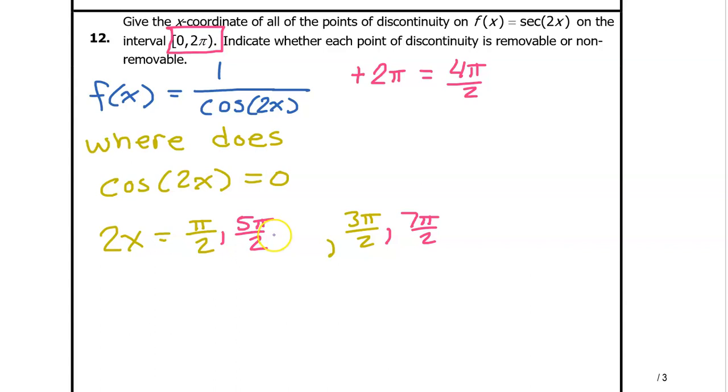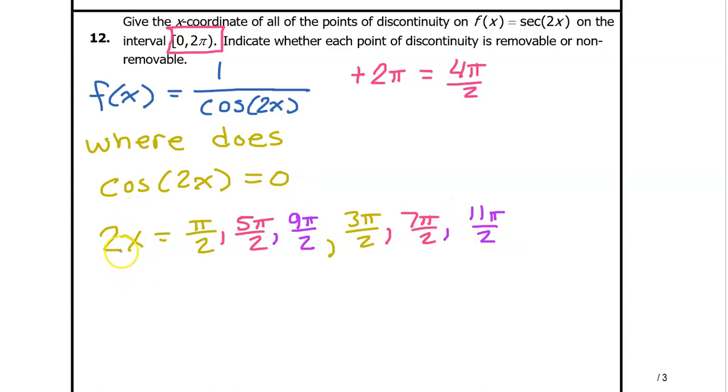So I'm going to add 2 pi again to get another pair of solutions. So 5 pi over 2 plus 4 pi over 2 is going to be 9 pi over 2. 7 pi over 2 plus 4 pi over 2 is 11 pi over 2. So all of these are solutions. It's just a matter of which ones will fit.